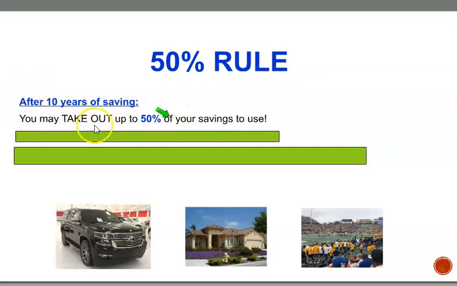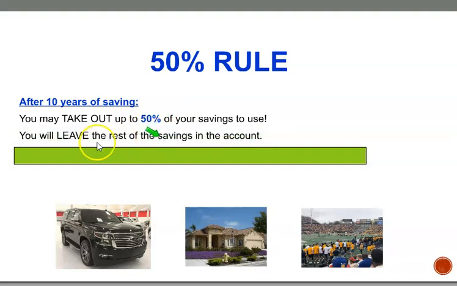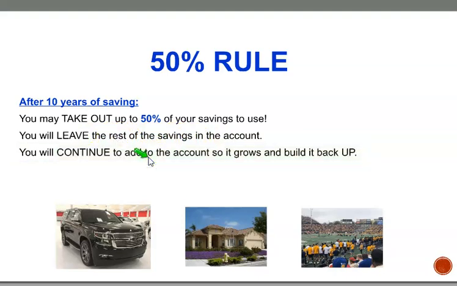You take out up to 50% of your savings. You could take out 10%, you could take out 49%, you could take out 50%. But the general rule is not to take out more than that. You leave the rest of the savings in the account so it can still grow, and you continue to add to the account out of your check so it builds back up.